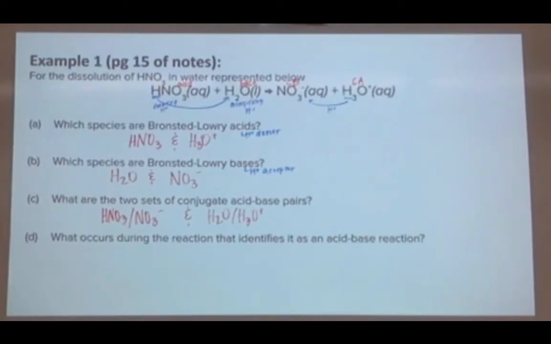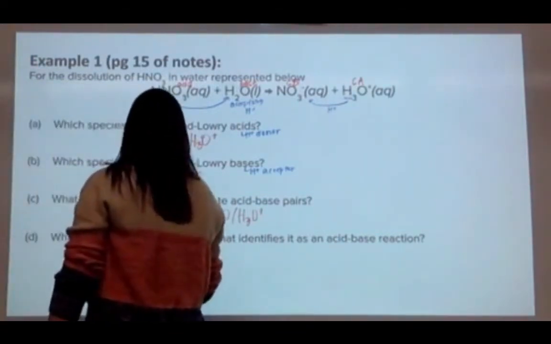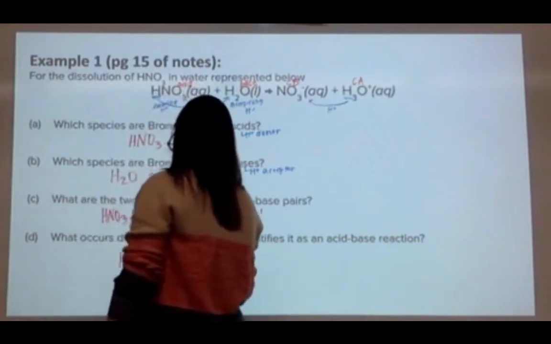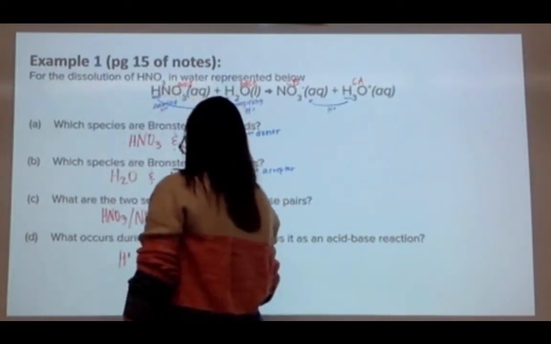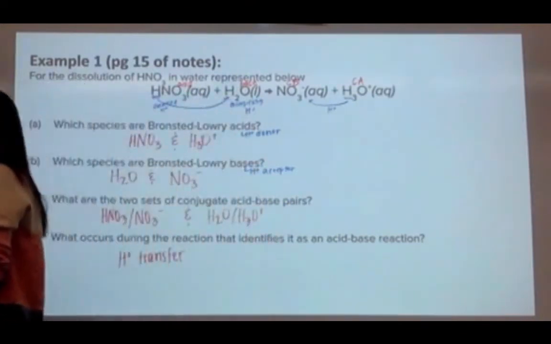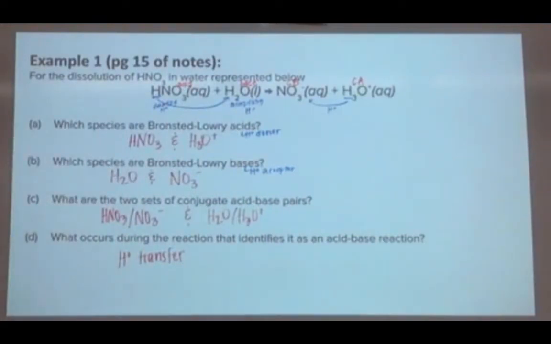And then part D, what occurs during the reaction that identifies it as an acid-base reaction? The H+ transfer. A proton transfer tells us it's an acid-base reaction. When H+ is transferred from one substance to another, it's going to be an acid-base reaction. We use the Bronsted-Lowry definition more than anything else.